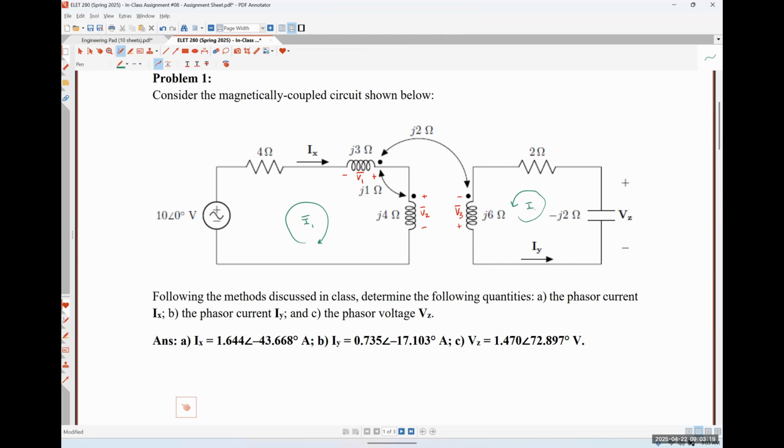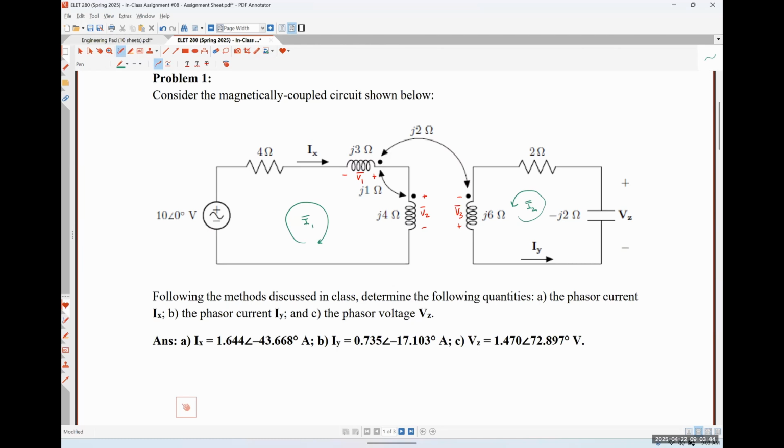So that's going to be our second mesh current, I2. Okay, so we have set up the voltages across the terminals of our various magnetically coupled coils, and we have defined the directions for the currents that are flowing through our various magnetically coupled coils, all right?